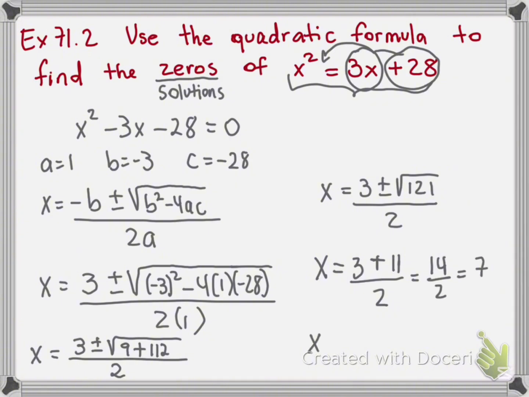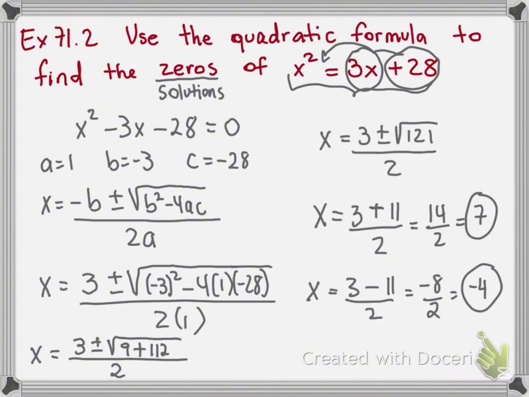And the other x is going to be 3 minus 11 over 2, which is -8, divided by 2, which is -4. So the two answers are x equals 7 and x equals -4. Now remember that we've learned in the past that to write the solution set, we put it like this. That is -4 and 7. So that's it. That's our answer.